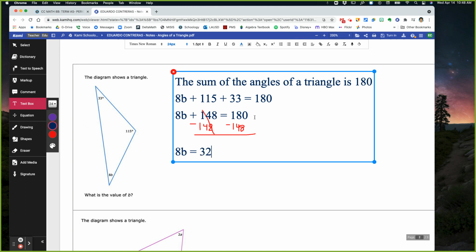So now I want to figure out what b is still. I have 8 times b equals 32. Divide by 8.